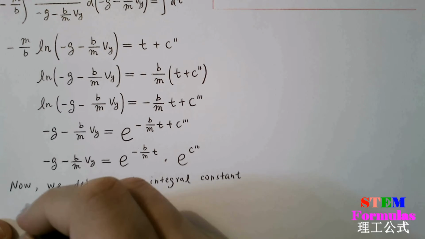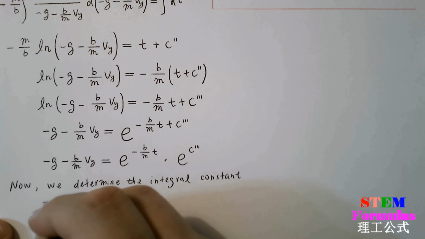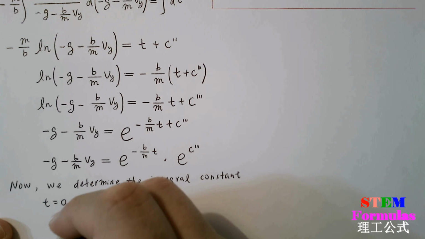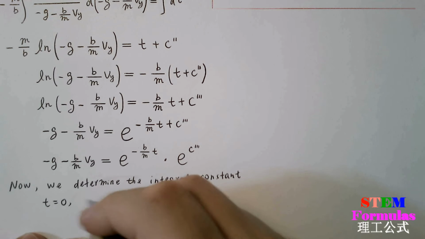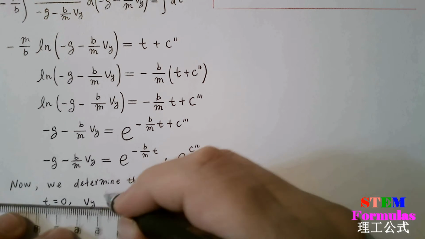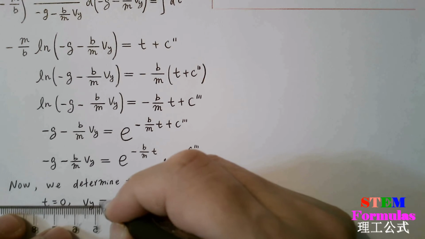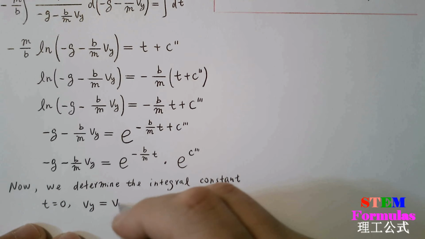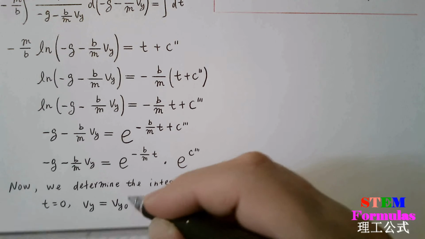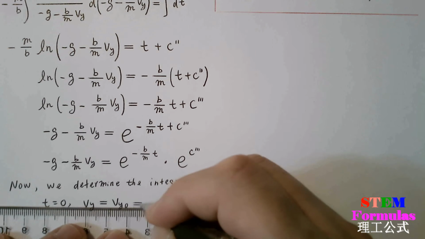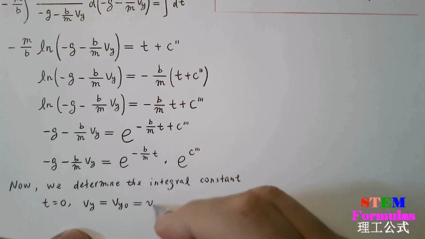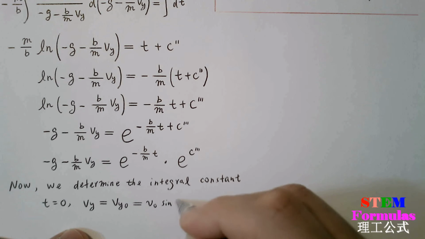We use the initial condition. At time t equals 0, we have vy equal to vy0, which equals v0 sine theta.